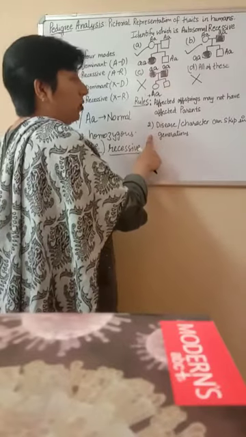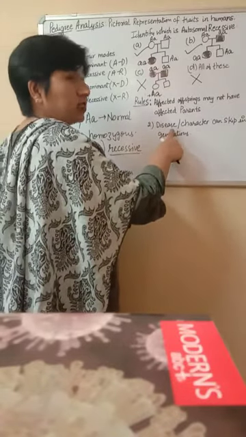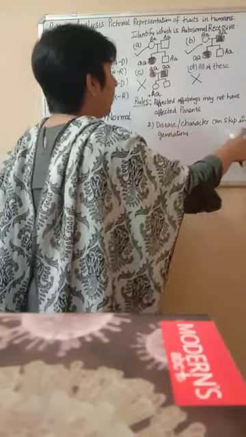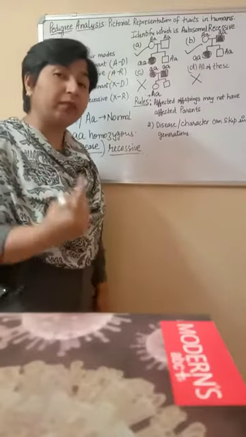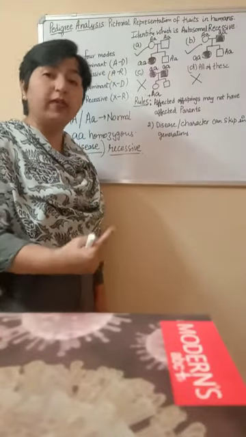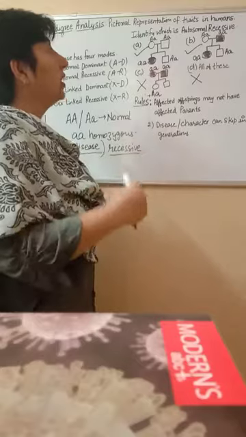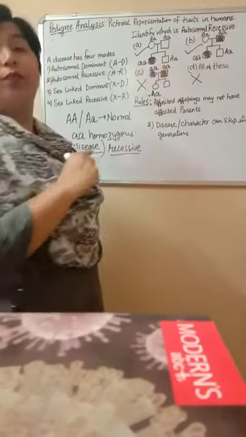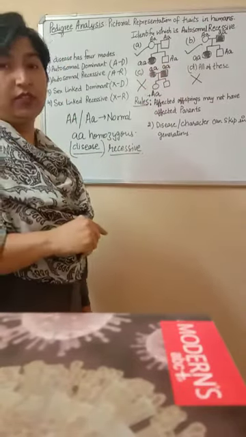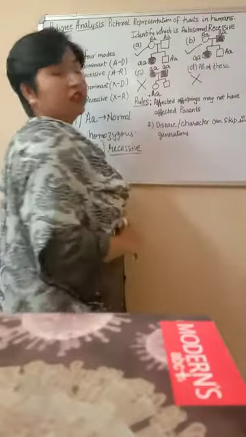Now, the second rule is that the disease or a character can skip generations. It's not a compulsion. Like in autosomal dominance, we were telling you that the disease should move in all the generations. But in a recessive condition, the disease may skip generations.